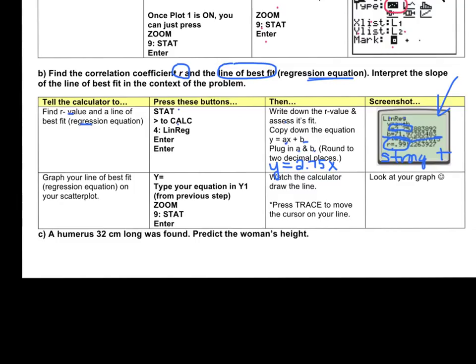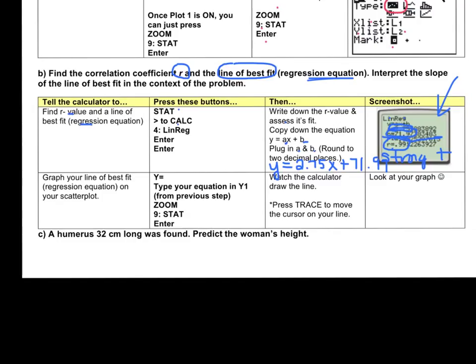It is about 71.97 is good. So plus 71.97. So there's the equation. There's our R value. And interpret the slope of the line. Well, it means that the longer the humerus bone, the taller the person. And it's a pretty good predictor.